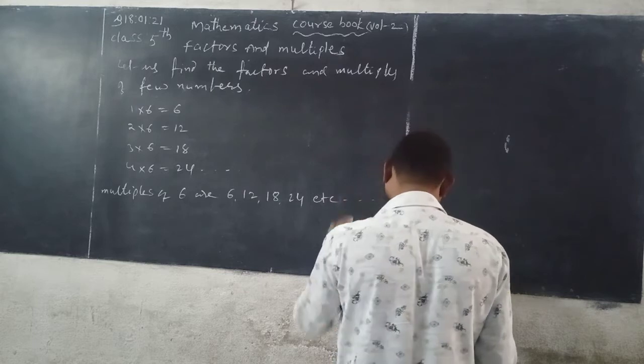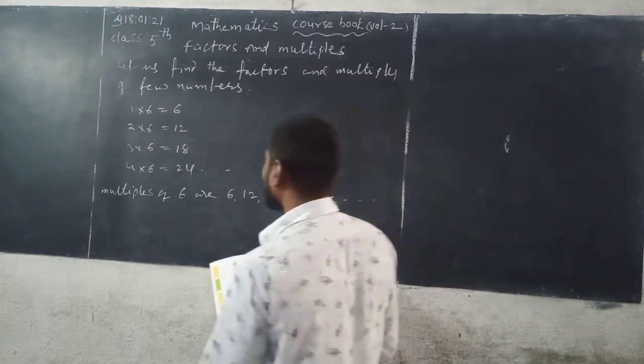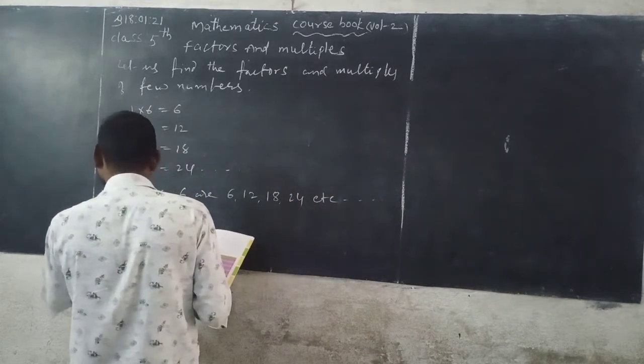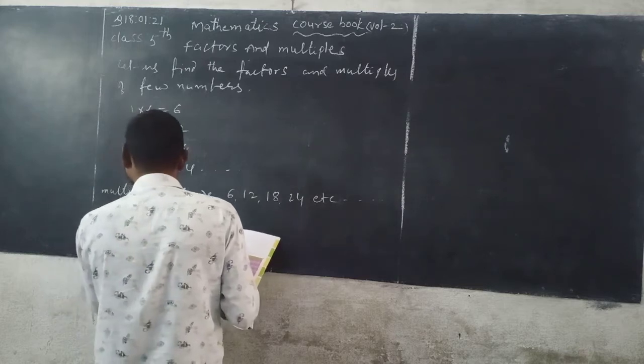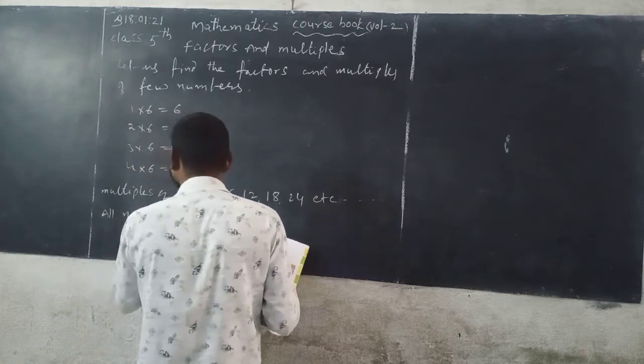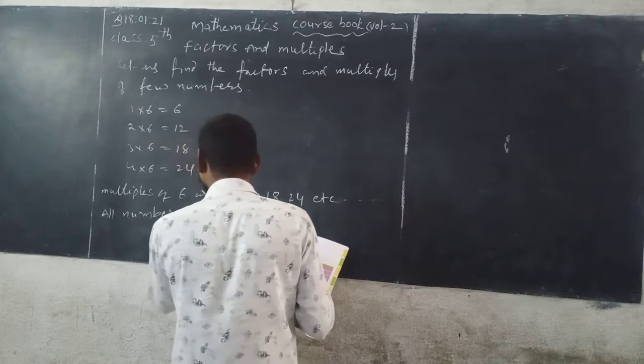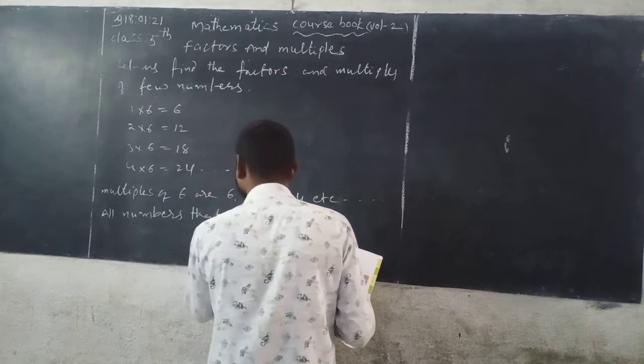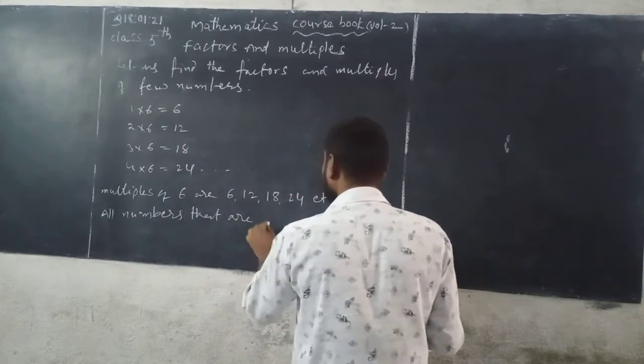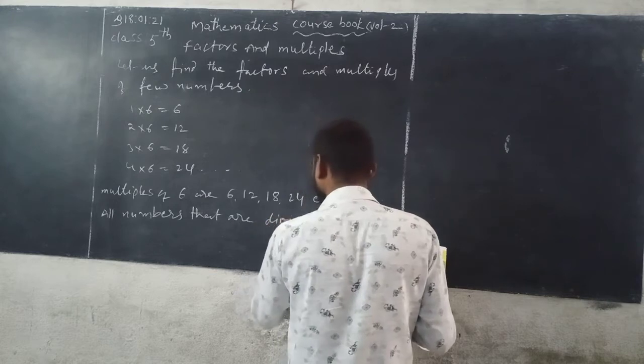See here, all numbers that are divisible by 6 are multiples of 6.